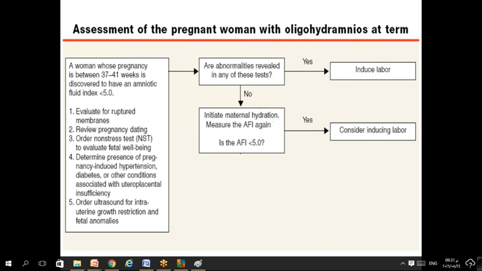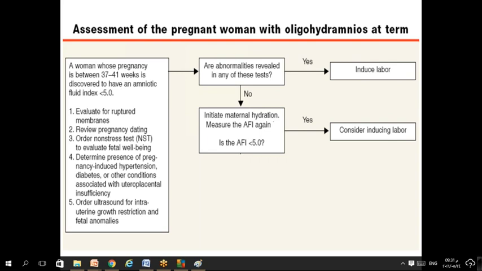Also, you will not make a judgment about the amniotic fluid index in cases of unexplained oligohydramnios from one scan. You need to repeat the scan more than one time, okay, and for the next scan after a week.